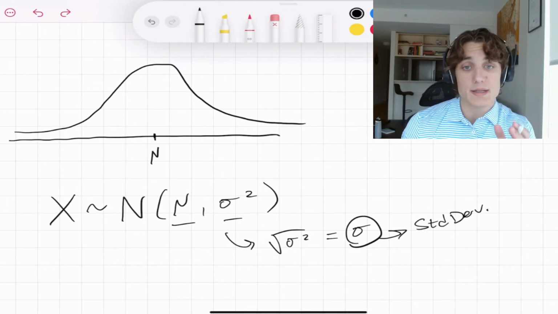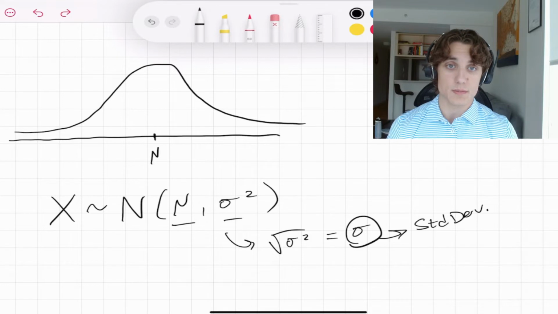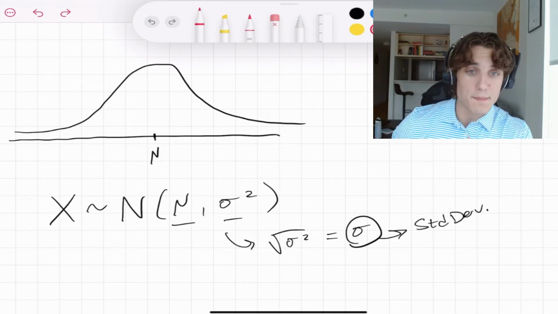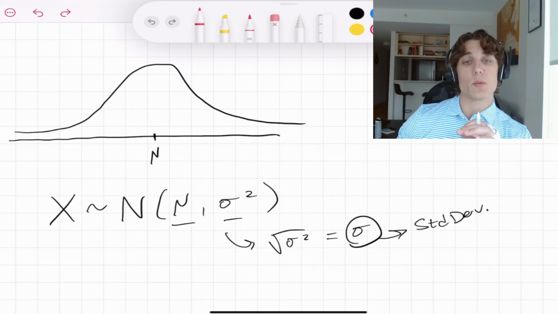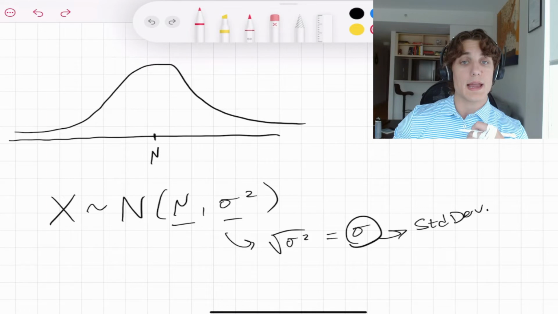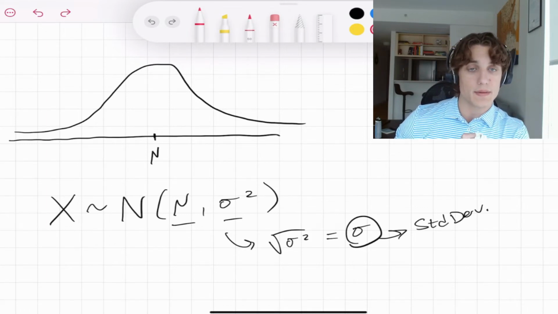Now, the reason we care about standard deviation is because it tells us a lot about where outcomes may fall in this particular distribution. Specifically, this is called the empirical rule. If we add and subtract a standard deviation to and from the mean, then we end up with a new interval and a probability that an outcome of x is going to be within that range.